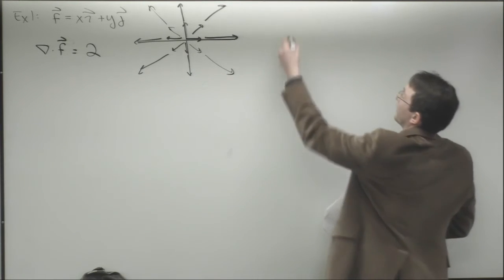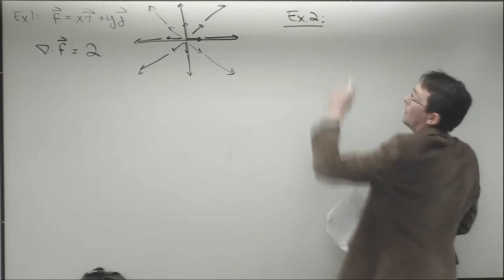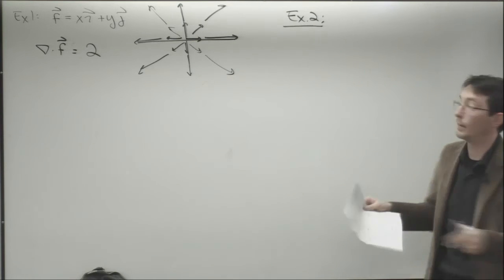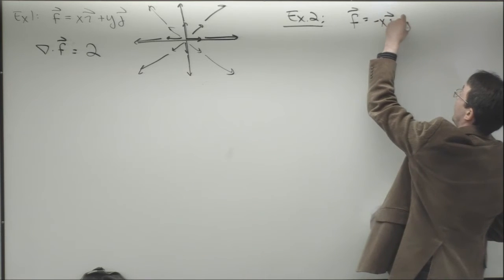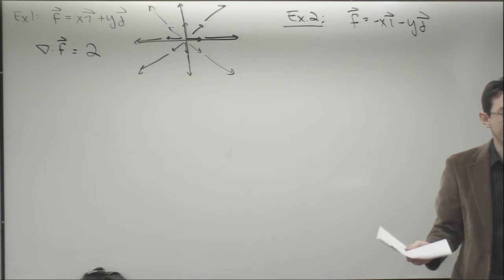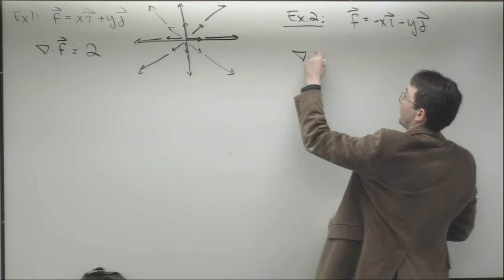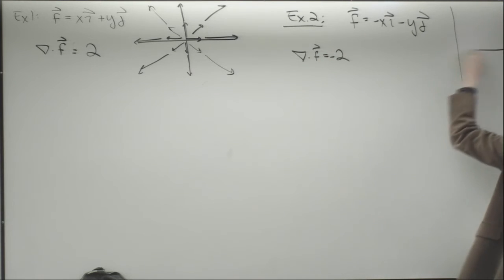Let's try another example. So example 2. Let's make a field that points inward. Same field, except I'm going to put negative signs. F equals minus x in the i direction, minus y in the j direction. So what's this divergence? Minus 2. Del dot f equals minus 2. And what does this vector field look like?